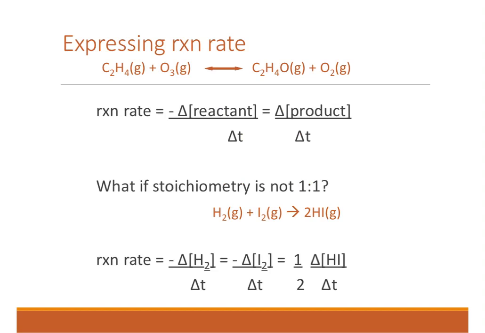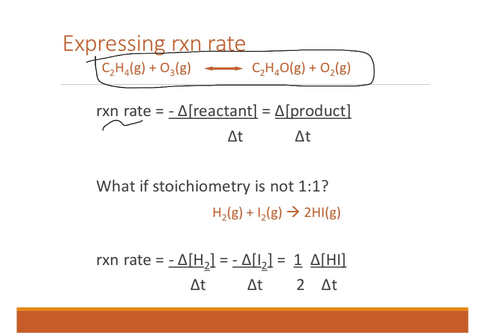Now we know the generic expression for rate: change in concentration over change in time. Look at this particular reaction. No, it's not combustion, I did that before. It's the oxidation of ethylene with ozone. But anyway, we can monitor the rate of a reaction by looking at the change in concentration over time for any of the reactants or any of the products.